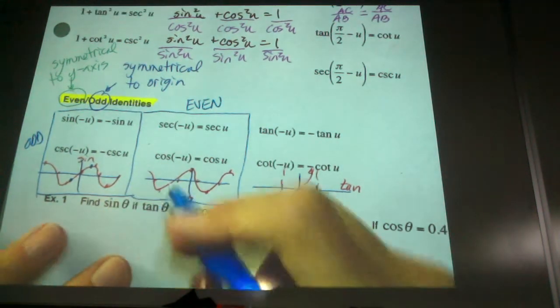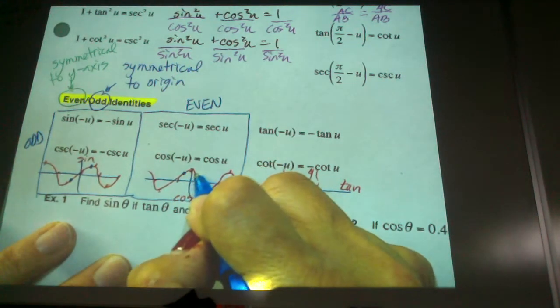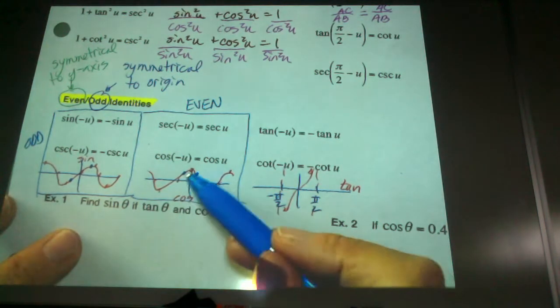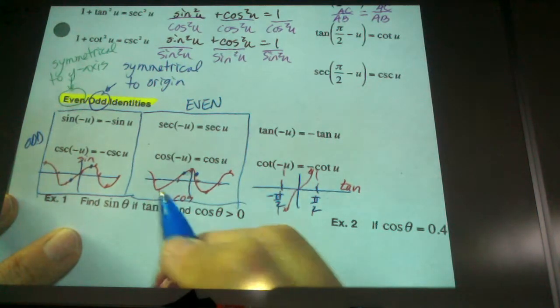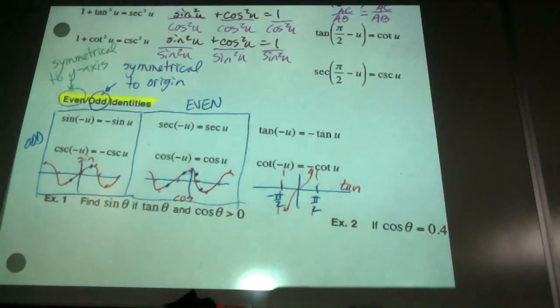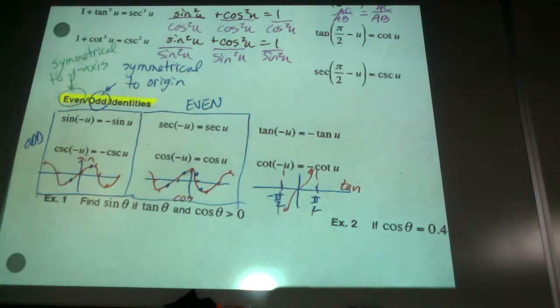In other words, let's choose a negative value for x here and an equivalent positive value for x here. Same numbers with opposite signs. You see how they have the same y value. Or you could choose x values that are both positive and negative, but they have a negative y answer, and they both have the same negative y answer.